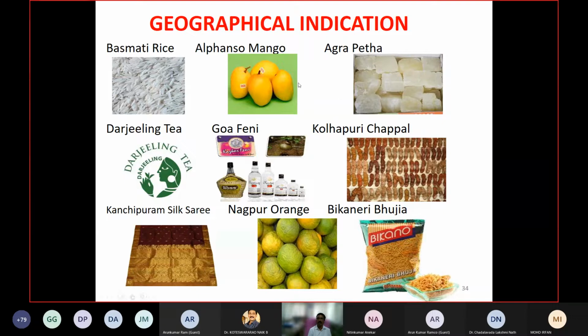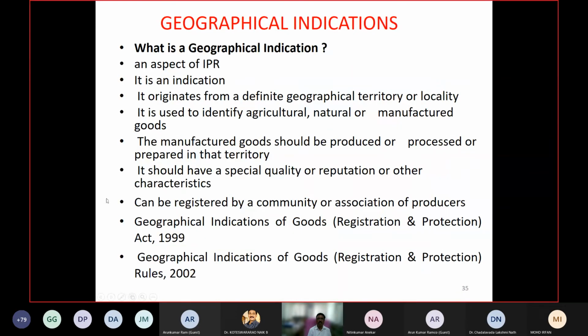And Alfonso mangoes, for example, Agra Petha, whether it is Kolhapuri Chappal or Goa Feni, and Darjeeling tea, the most successful geographical indication registered product, whether it is a Kanchipuram Sari or Nagpur Orange or Bikaner Bhujia. There are more than 500 products which have been registered.